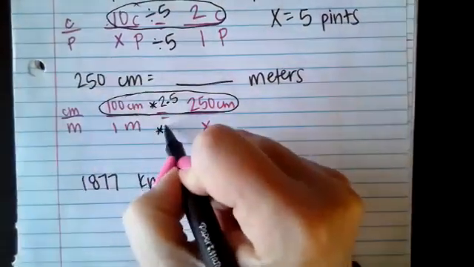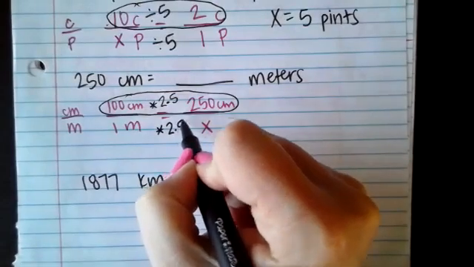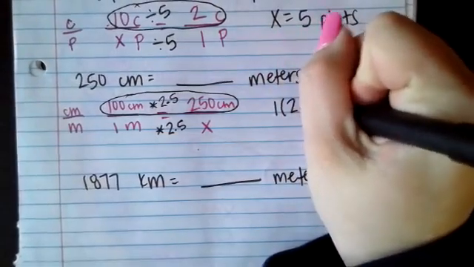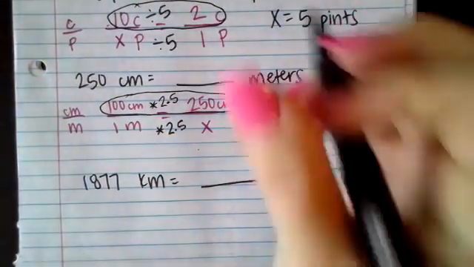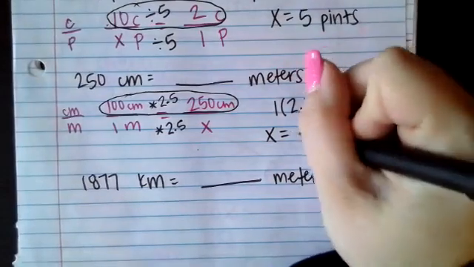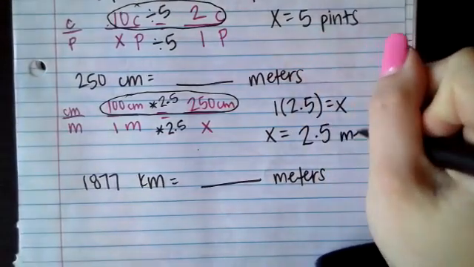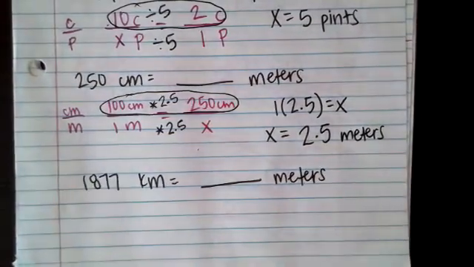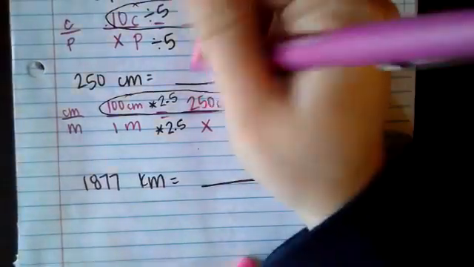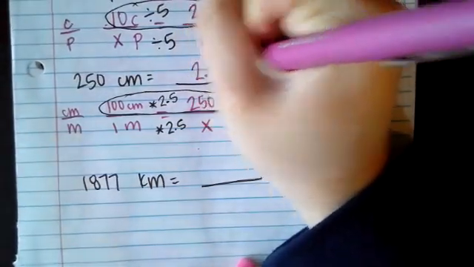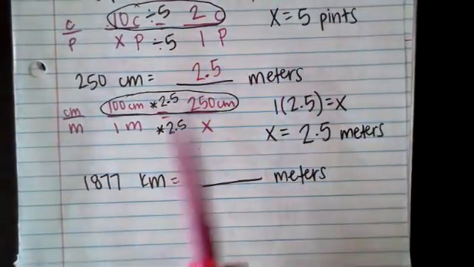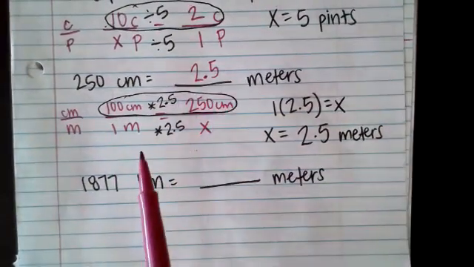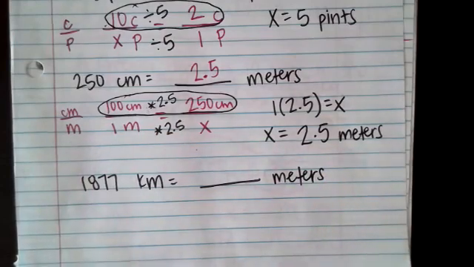So if I multiply the bottom times 2.5, that is going to get me the value of X. So 1 times 2.5 is going to equal X. So X is going to equal 2.5 meters. 250 centimeters is 2.5 meters. And again, if I use the cross multiplication method, I would do 250 times 1 is equal to 100x, divide 250 by 100, and also get 2.5.